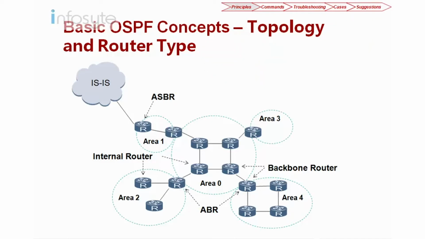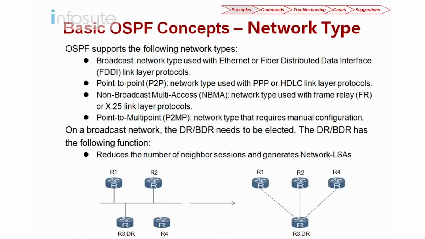After we go through the topology and the router types, let's look at the network type in the OSPF basic concept. The network types in OSPF can be divided into four: broadcast, point-to-point, non-broadcast multi-access, and point-to-multipoint.